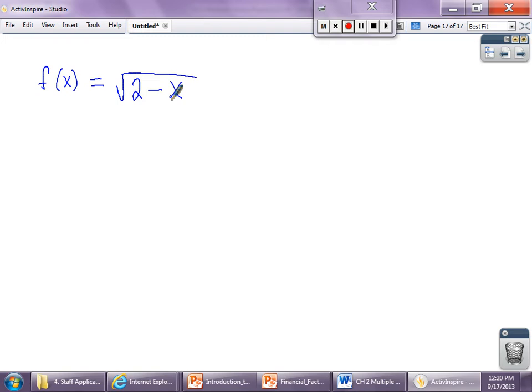Random one. I could have done 2x. I could do x plus 5, whatever. All right, so given this function, I would like for you to find the slope of the tangent line at x equal to 1. Okay? So that's what I want in the end.